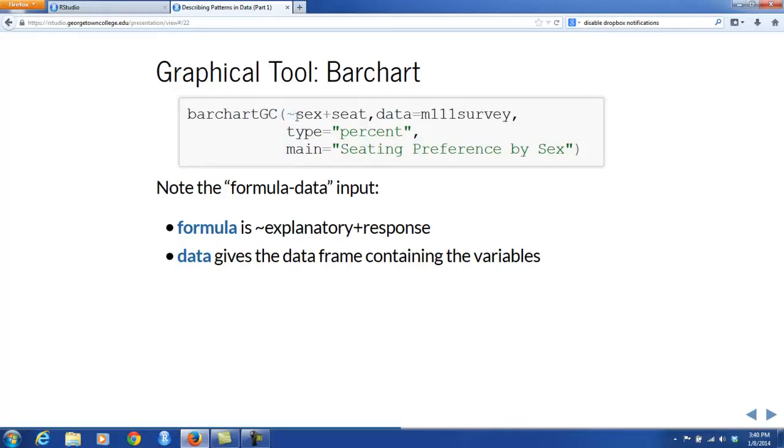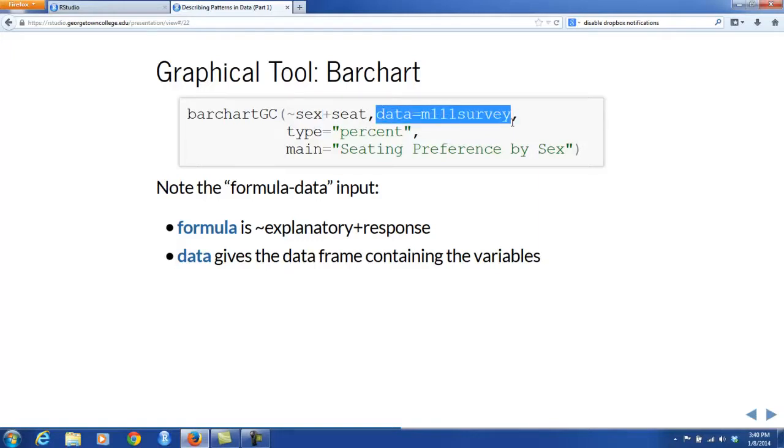But at a minimum, it's going to have the names of the variables that you are interested in, and it's going to have some other symbol called an operator that helps to specify the type of analysis that is of interest. In this case, we're in a two-way table, a cross-table situation, and that plus was probably selected by the programmers to remind you of cross tables.